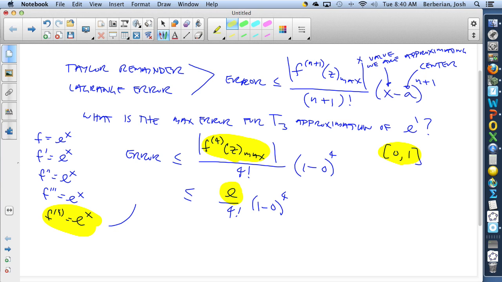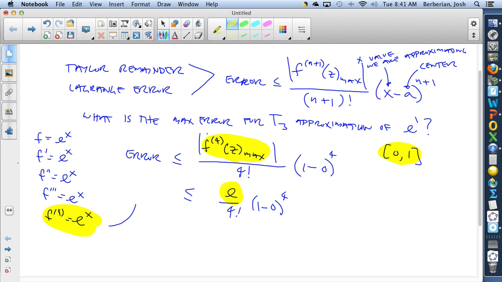I'm going to drop the opposite value because I know e is positive. It's evaluating the fourth derivative at 1, basically. Is Zmax equal to e to the 1 or is it equal to 1?